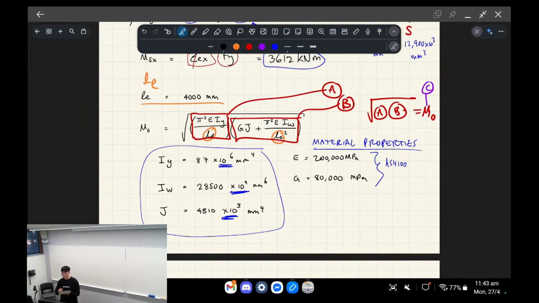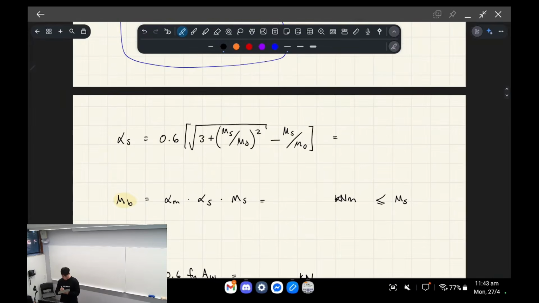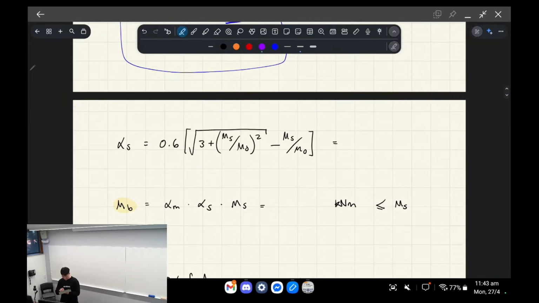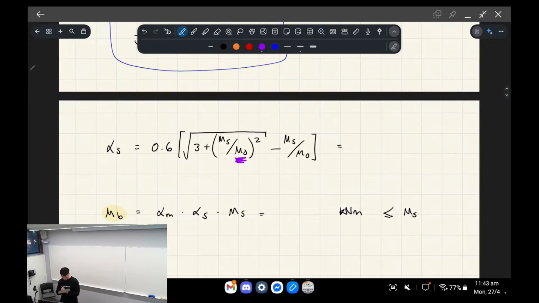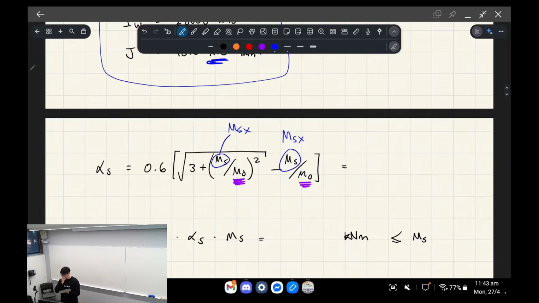All right, I don't think anyone's still copying. Now I have to calculate alpha s, which is what we're looking for. We just found Mo, and in the earlier part we found Ms, or Msx. What I would recommend is that you store Msx as D on your calculator.